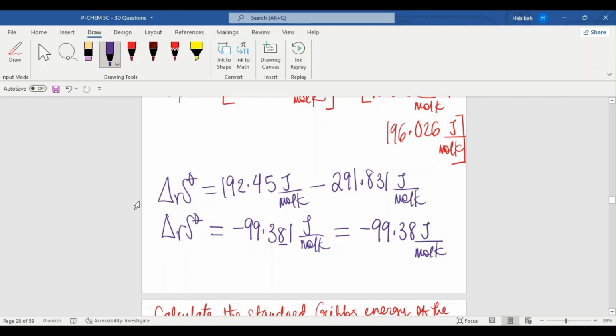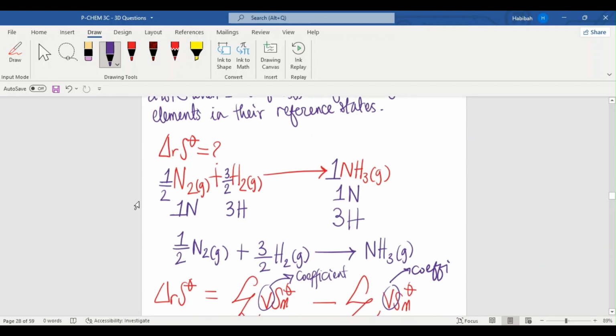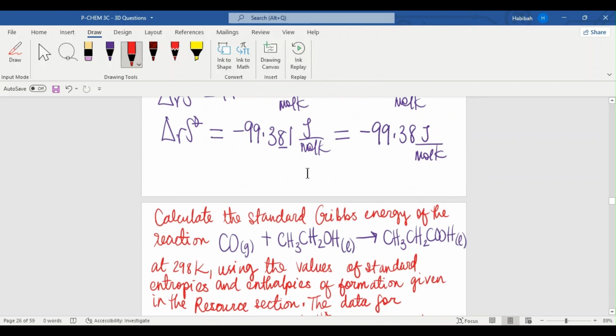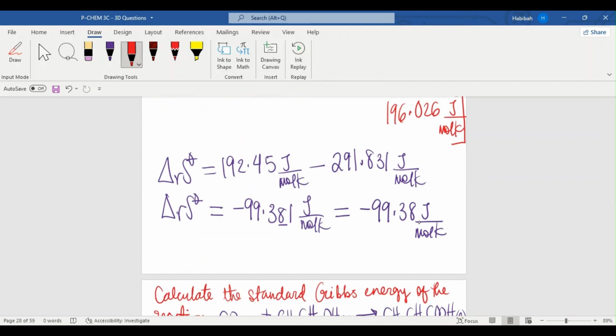Now, you would think the work is already done, but it's not. Let's go back to our question. We're told to calculate the standard reaction entropy at 298 Kelvin when 1 mole of NH3, so of ammonia gas, is formed from its elements. So what this means is that we're going to multiply our value by the number of moles to get our actual answer. The standard reaction entropy would simply be negative 99.38 joule per mole Kelvin times 1 mole.